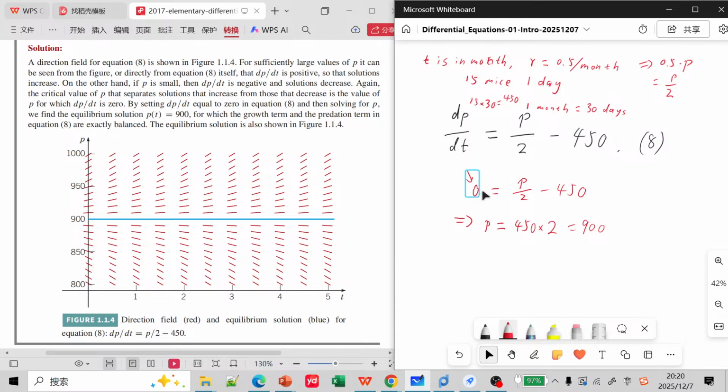In this situation, because it's zero, these two terms are balanced. The equilibrium solution is also shown in figure 1.1.4, and this line is where P is equal to 900.